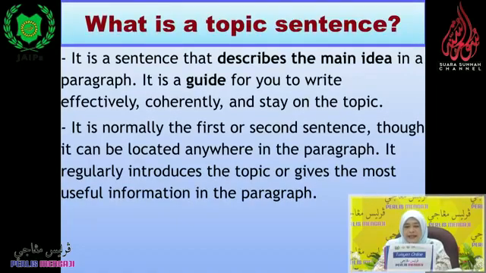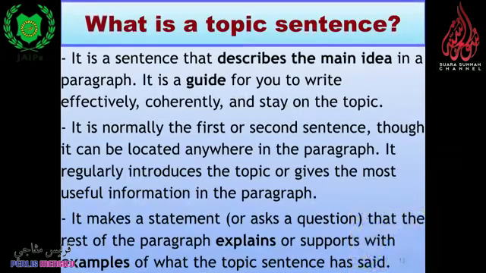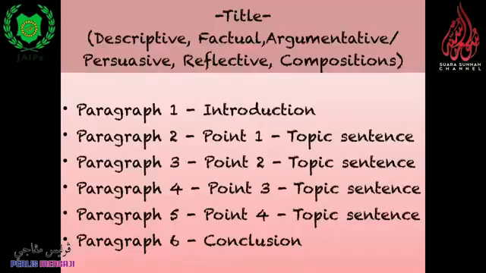It regularly introduces the topic or gives the most useful information in the paragraph. It makes a statement or asks a question that the rest of the paragraph explains or supports with examples of what the topic sentence has said. So that is what we call a topic sentence.